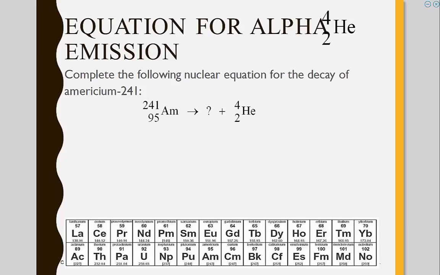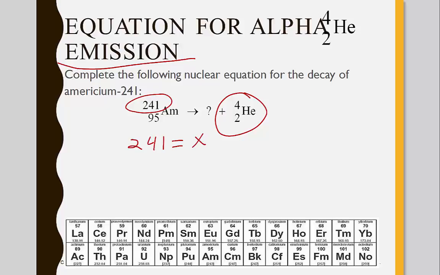So let's go through a few of these practice problems. Here we have americium 241. It's emitting an alpha particle, hence the word emission there. So 241 is equal to something plus 4.